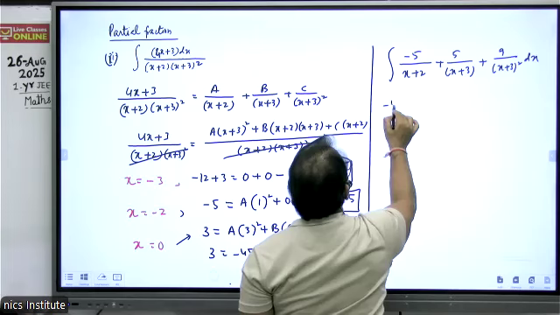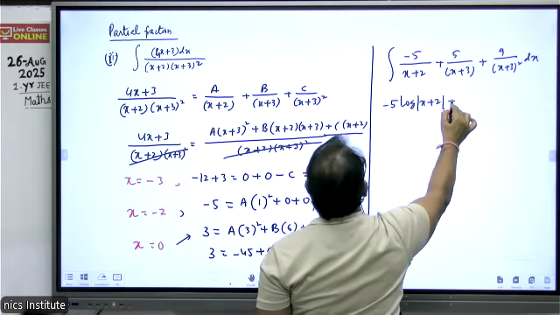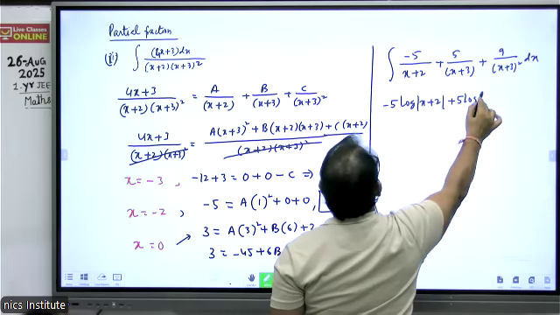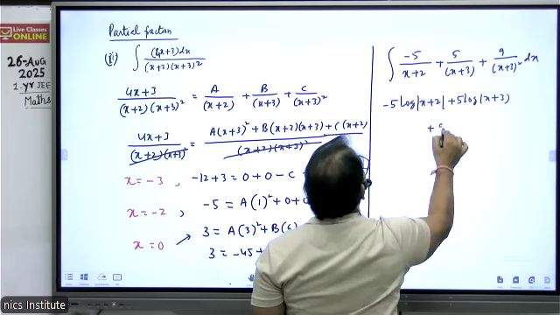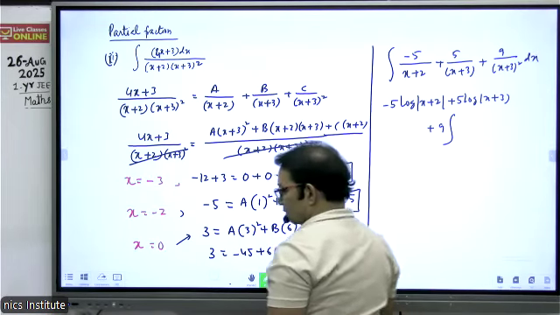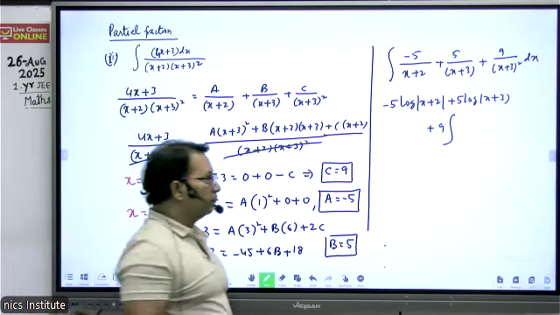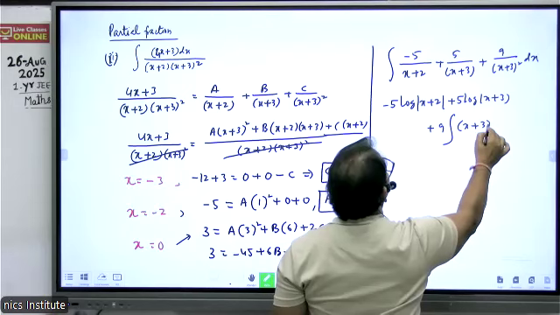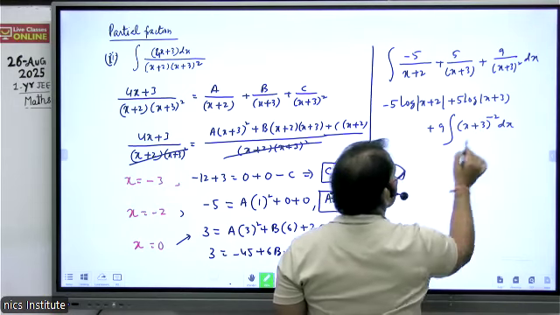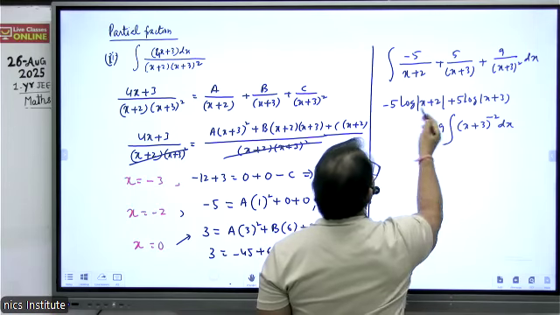So it is minus 5 log x plus 2, plus 5 log of x plus 3. And how to integrate the third one? So x to power n, x plus 3 to the power minus 2 dx. If you want, you can simplify this further.